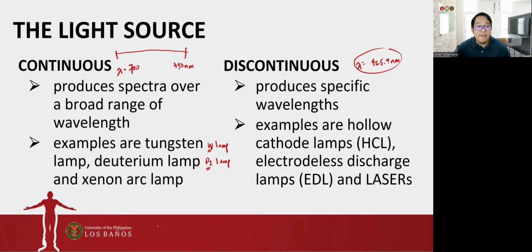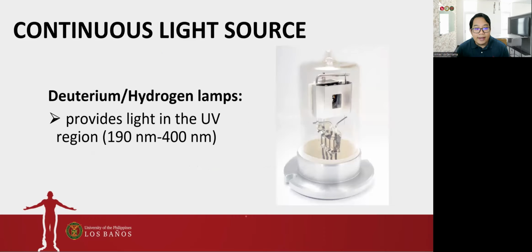What are the differences between the tungsten and deuterium lamps? The deuterium lamp provides light in the UV region. Our UV region is from 190 to 400 nanometers, so take note that this lamp is for the UV region.